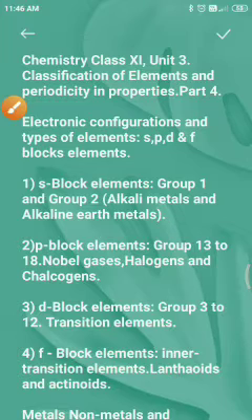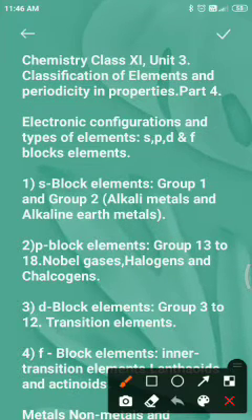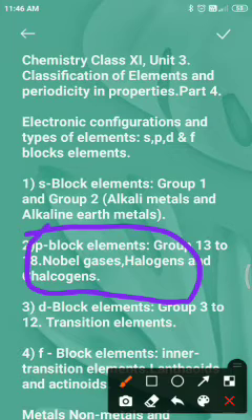Now, the p block elements comprise those belonging to groups 13 to 18, and these together with the s block elements are called representative elements or main group elements. The outermost electronic configuration varies from ns2 np1 to ns2 np6 in each period.